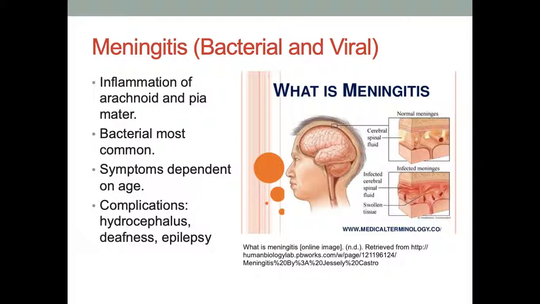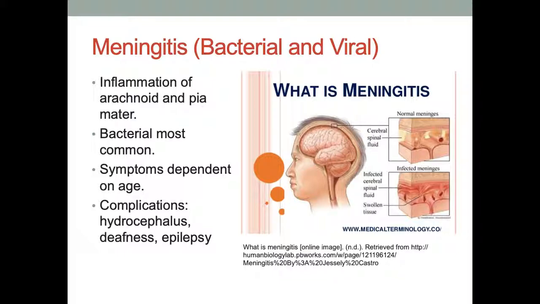So the symptoms are dependent on the age of the person. Some of the complications that can result from this are hydrocephalus, which we'll talk more about in a second, deafness, delayed epilepsy, cerebritis, as well as brain abscess.